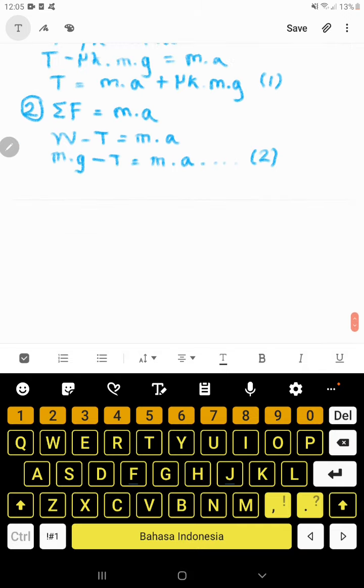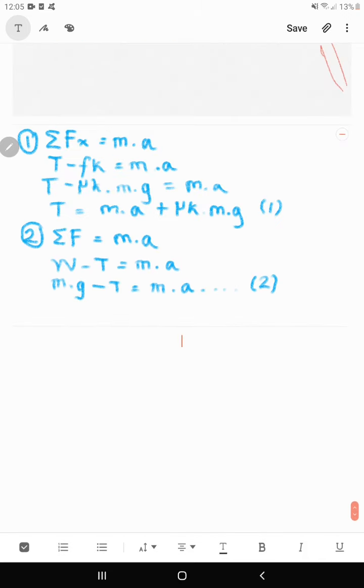For the acceleration of the system, we will substitute the first equation.